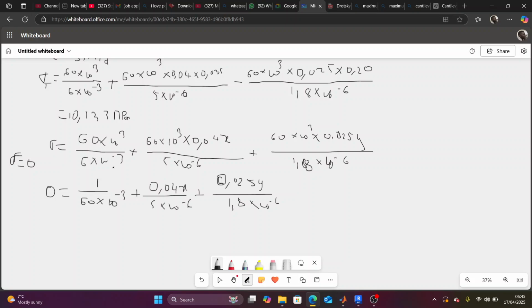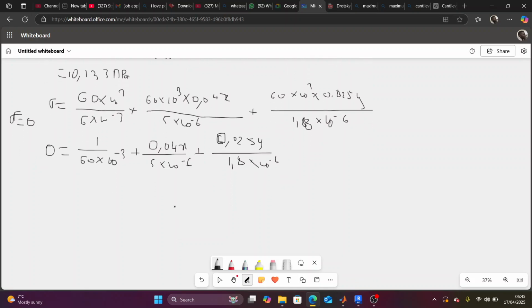Now remember, this can be an equation of 2 unknown. So 1 divided by 60 can go on the other side, so that it can be negative. What's gonna happen here? 1 divided by 60 here, if you calculate, it has to give you 0.012.